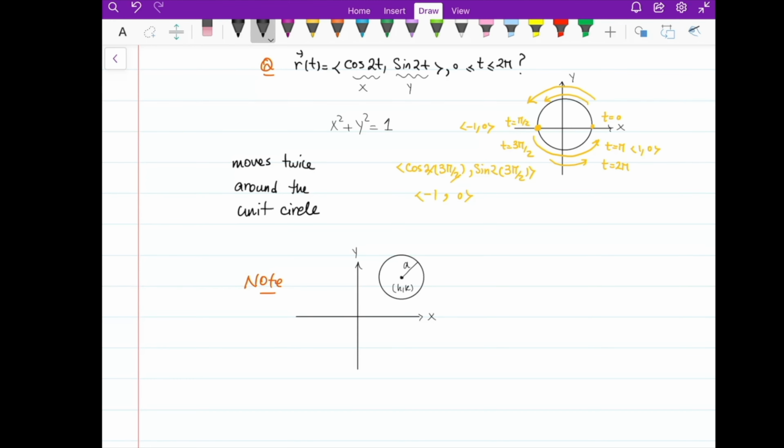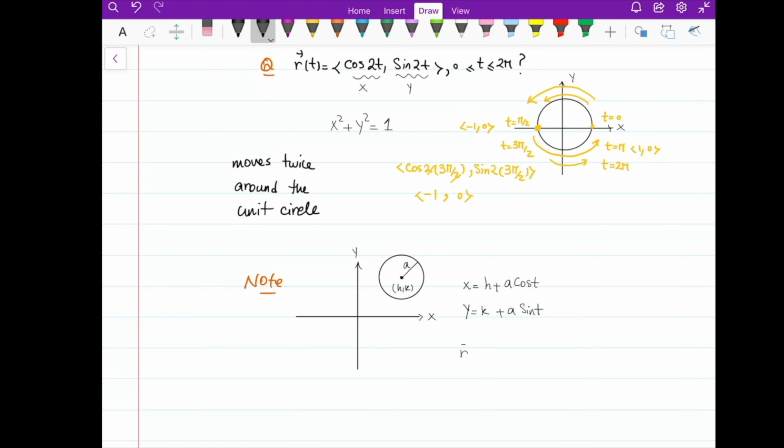X-axis, y-axis. So to parameterize that, I can say that x would be h plus a cosine t, and y would be k plus a sine t.